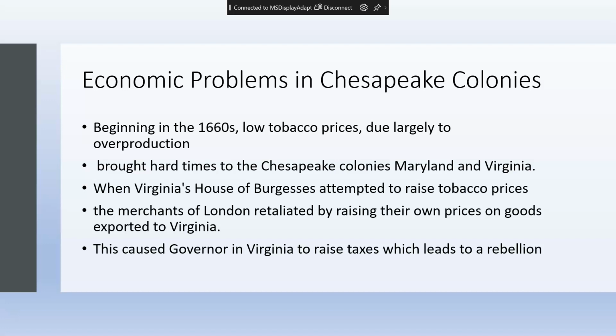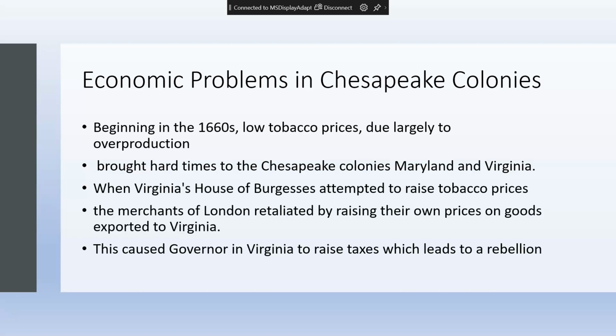And England didn't like the idea that they were trying to take the trade prices into their own hands. So they slapped down their hand and stopped them from doing that, which caused some resentment between the colonists and the crown, and it only starts to grow. All right, this is just another instance of tension building between these two sides.